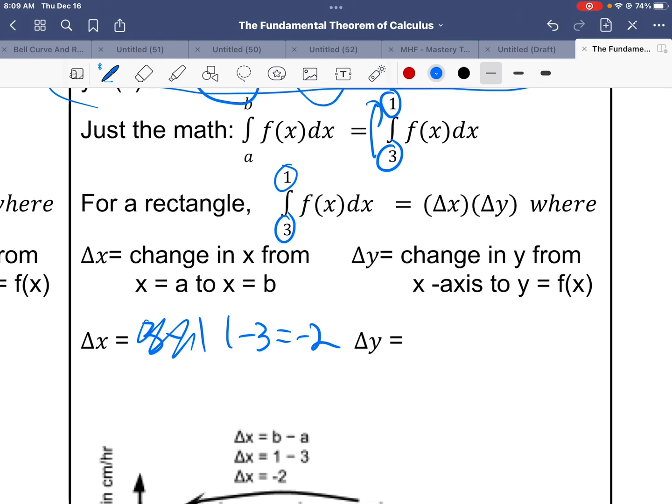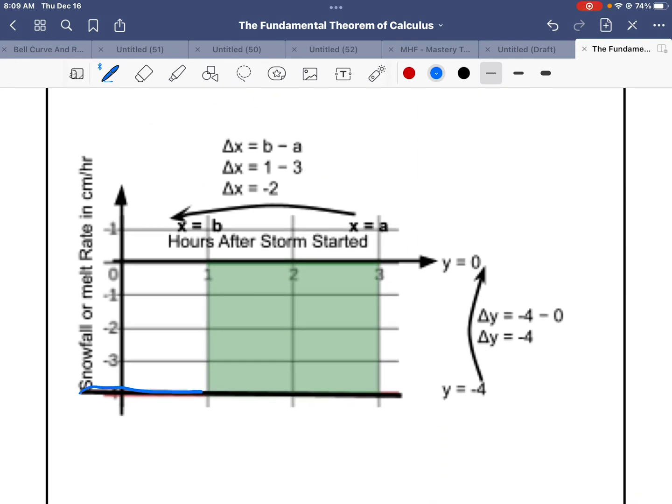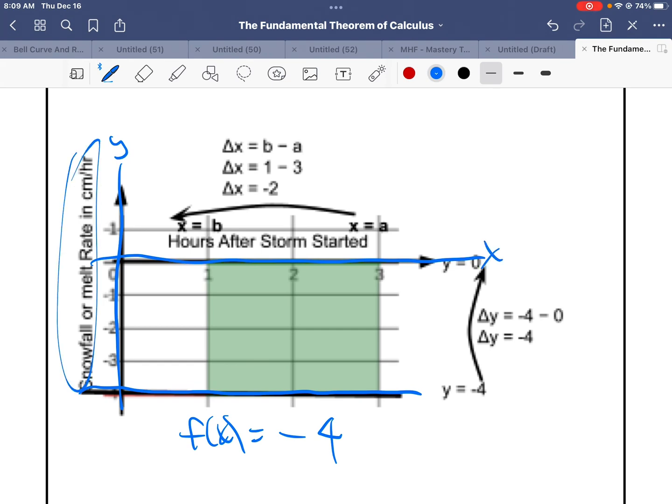Delta y will be, again, I compare. Oh, this graph is different. Look at this, this graph is different. f at x, in this case, is negative 4. Here's your x-axis, here's your y-axis. It's still snowfall or snow melt.